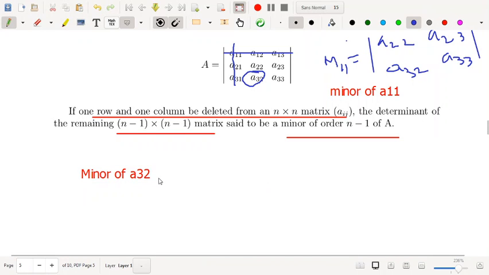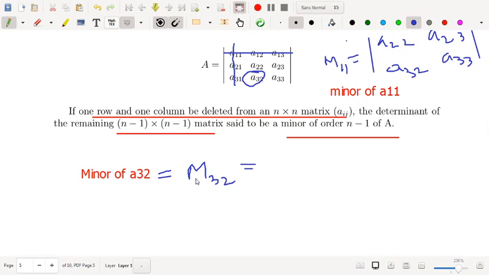How will you get that? You first write M32. This is the symbolic notation. M is for the minor, and 32 means you are deleting the third row and the second column. The first index is the row, and the second index is the column.